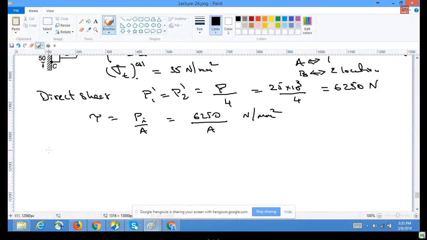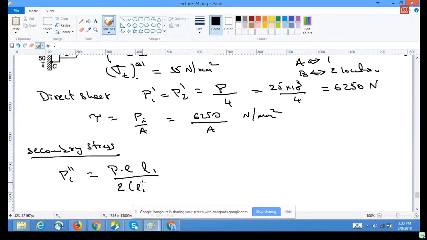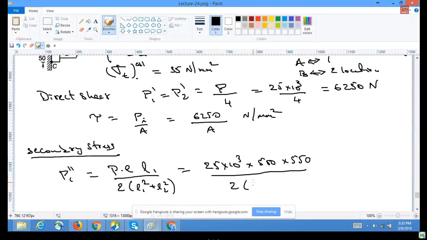Now coming to the secondary stresses. The secondary stresses in this case are tensile in nature, that is P1 double dash is equal to P into E L1 divided by 2 times L1 square plus L2 square, which is equal to 25 into 10 power 3 into 500 into 550 divided by 2 times 550 whole square plus 50 whole square.